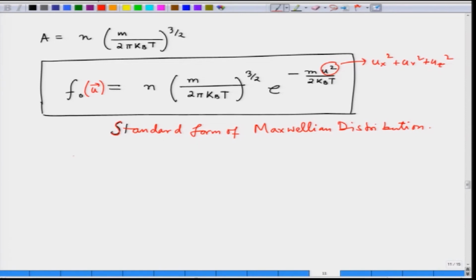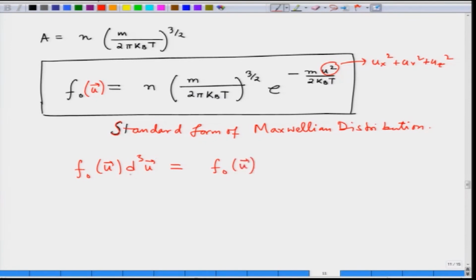Now, let us say we are trying to understand how this distribution function should look for a system where we have isotropy in terms of velocities. Then you can actually say that f0 of u d cube u will then be equal to f0 of u.